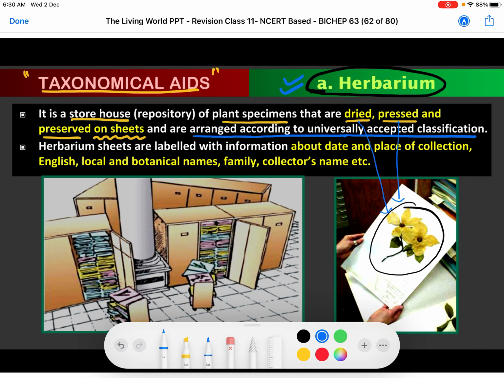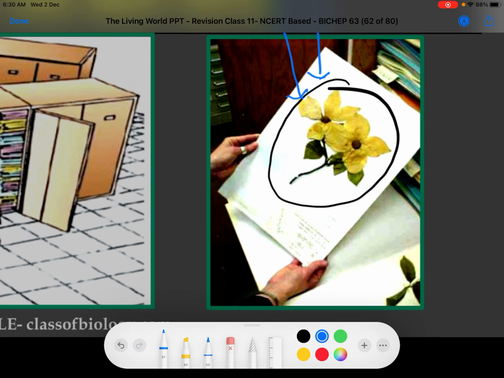Now you are supposed to take a particular type of paper sheet. It is called a herbarium sheet. You are supposed to place your specimen very carefully so that none of the parts of your collected specimen is broken.